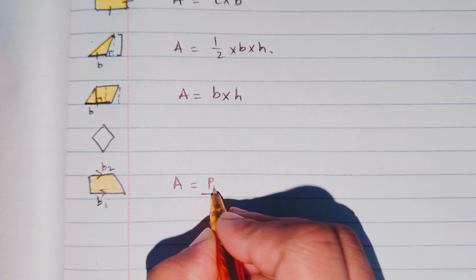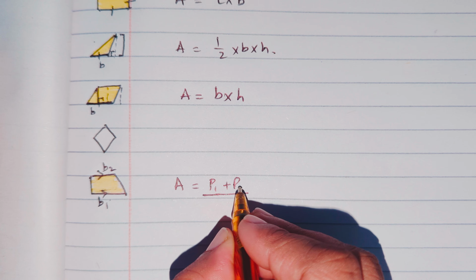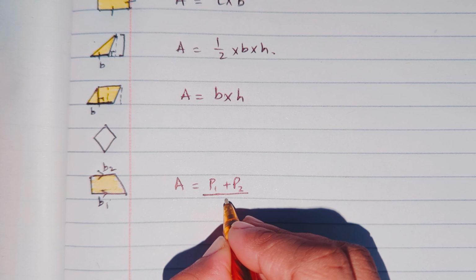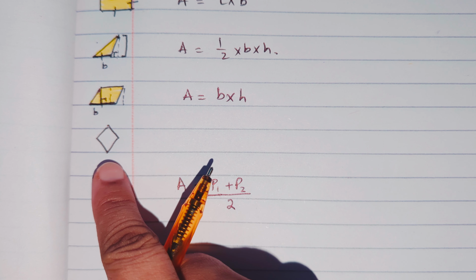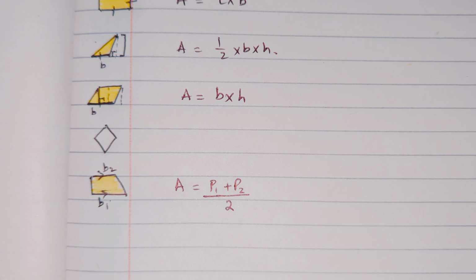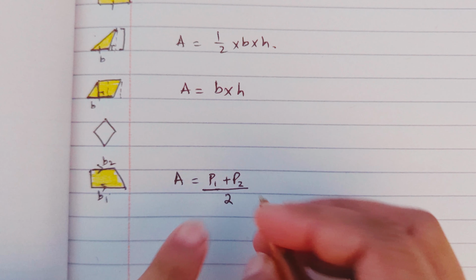So it will be P1 plus P2, where P1 means parallel line 1 and P2 means parallel line 2, divided by 2. For example, one side is 8 centimeters and the other is 6 centimeters. We will add them and divide by 2, so we get the average of the two bases, and then we multiply it by the height.